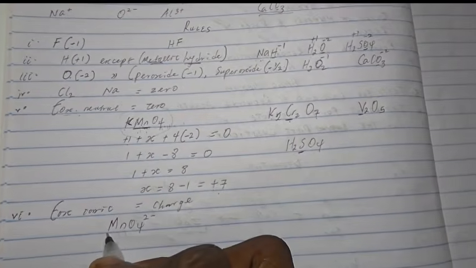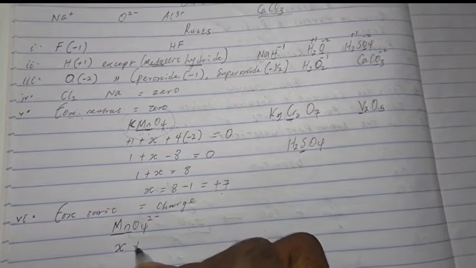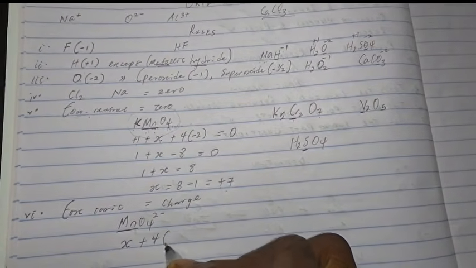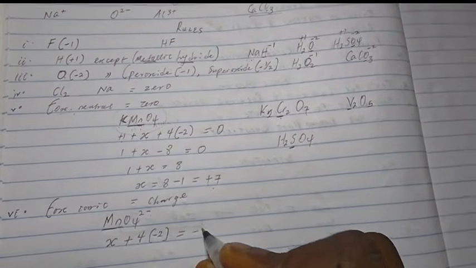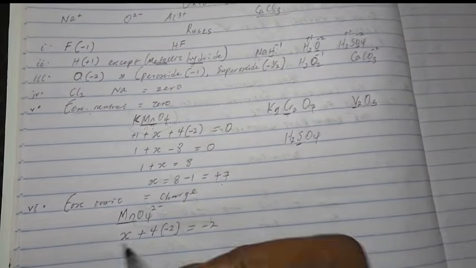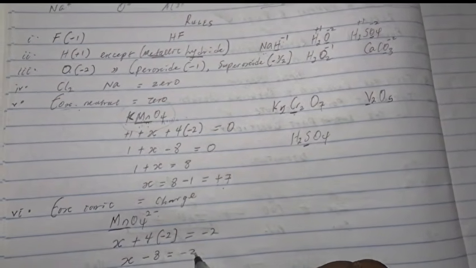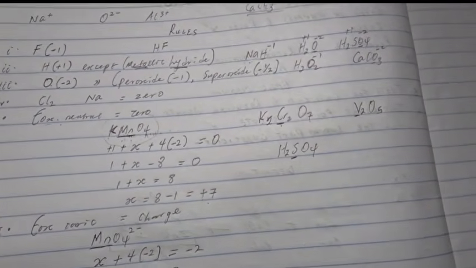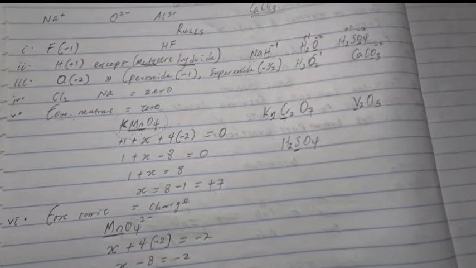Let's say I'm looking for manganese. I'll say X plus 4, oxygen is -2, will be equal to the charge carried by that ion, -2. Do you get that? Now I can solve for X. X minus 8 is equal to -2, so X is equal to -2 plus 8, and that is +6.